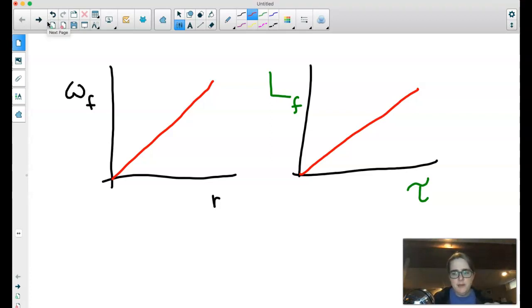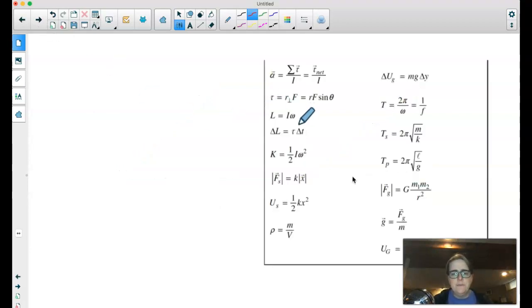If you push it or pull it for an extended amount of time, it's going to speed up a lot more. So that leads us into this equation right here, which is on your formula sheet, where the change in angular momentum equals torque times the time that torque is applied over. And this is sometimes referred to as angular impulse.